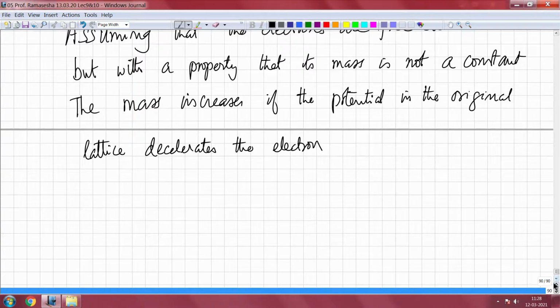The property of the underlying potential has been transferred to the electron, and we define a quantity called the effective mass, which changes from position to position in K space. If the curvature is large, that is, if I have an energy dispersion relationship that goes like this, then the effective mass is small.